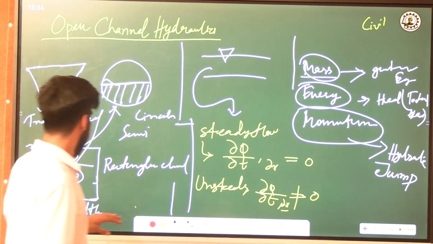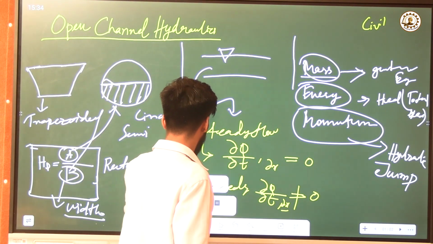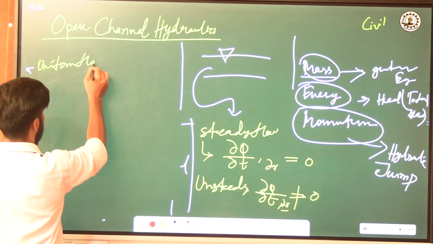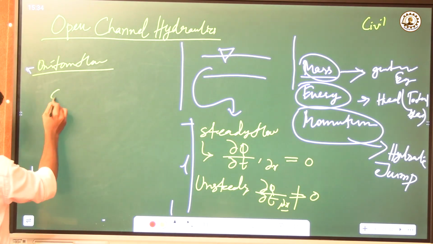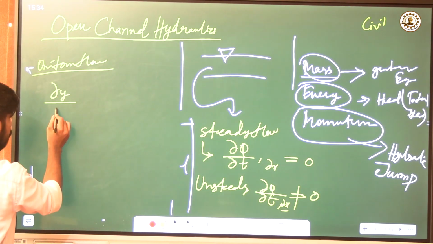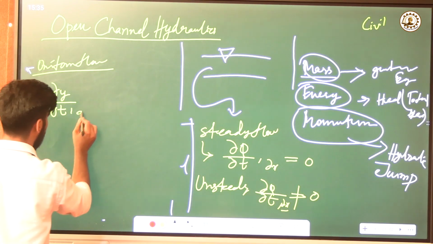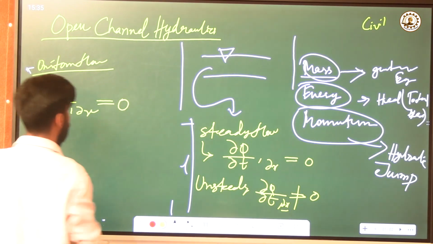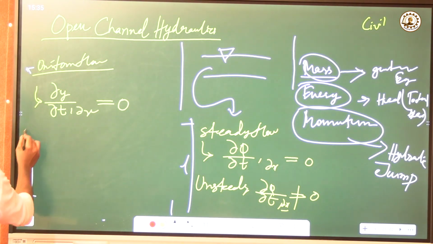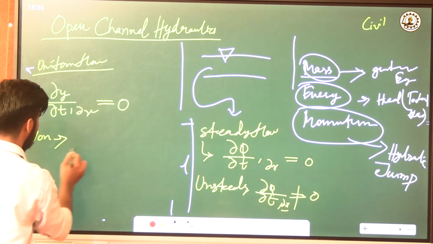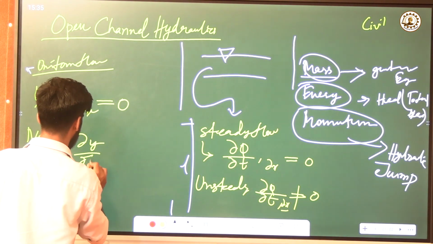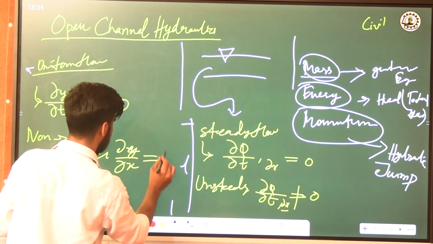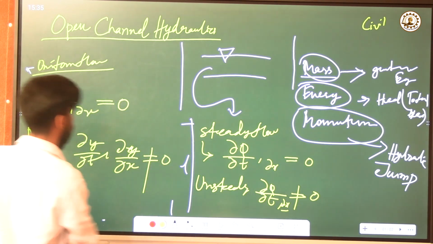And there is another parameter, which is uniform flow. If the flow depth doesn't change with respect to time or distance, then this is called uniform flow. And in non-uniform flow, you can easily derive it: when this thing changes with time or distance, then it will be non-zero.